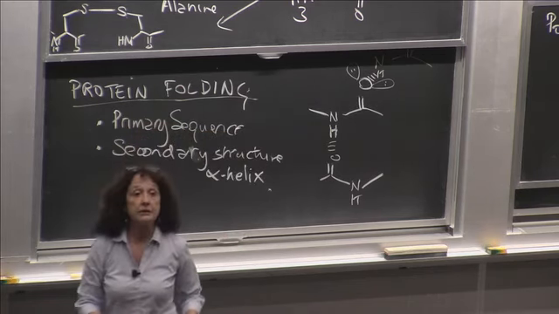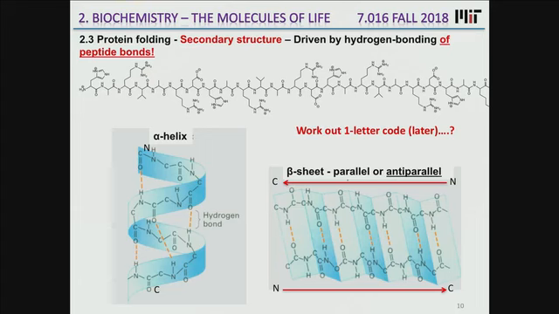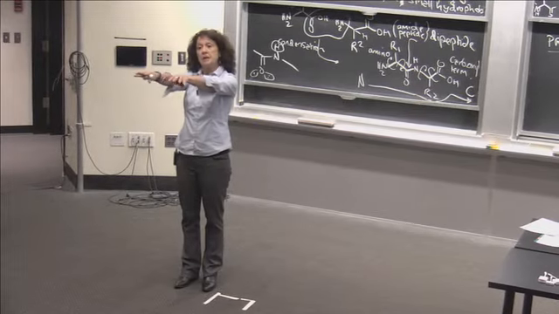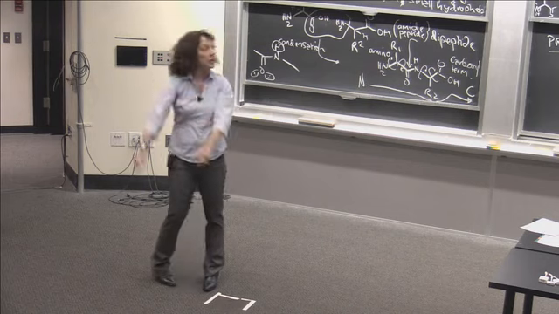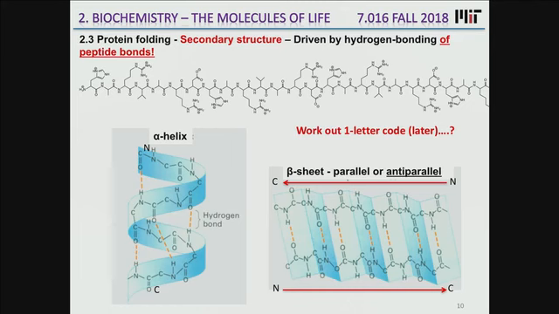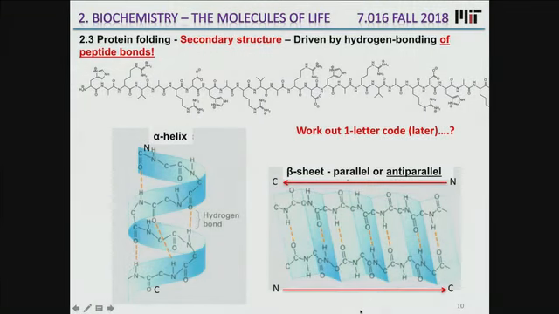The next secondary structure is also held together by hydrogen bonding, and it's interactions between stretched out strands of polypeptides that may not be close to each other in the primary sequence, but they align in the folded structure. And so, for example, what I've shown you here is, this guy is N to C. This is an anti-parallel beta sheet, and across that sheet, there are continuous opportunities for hydrogen bonding interaction.